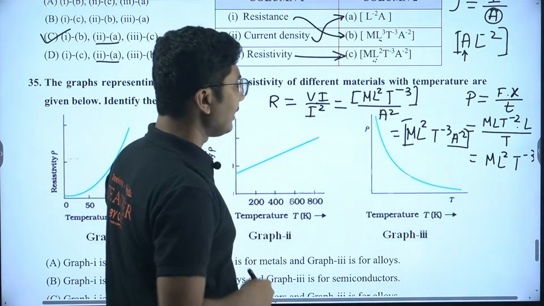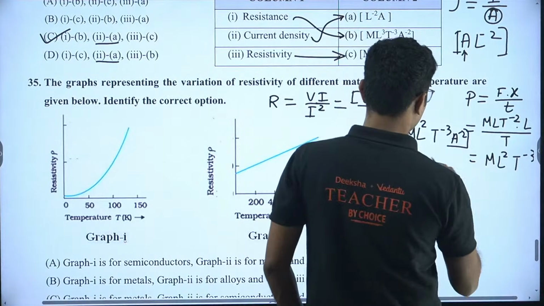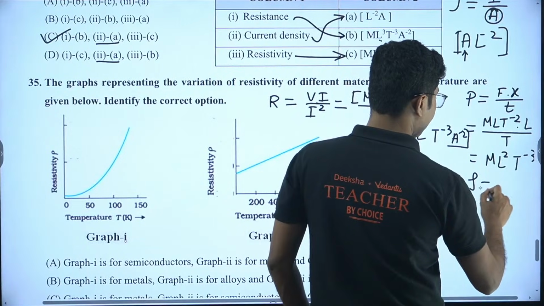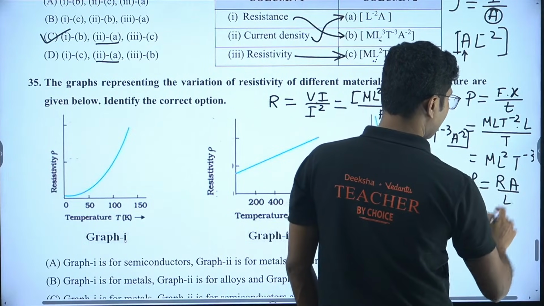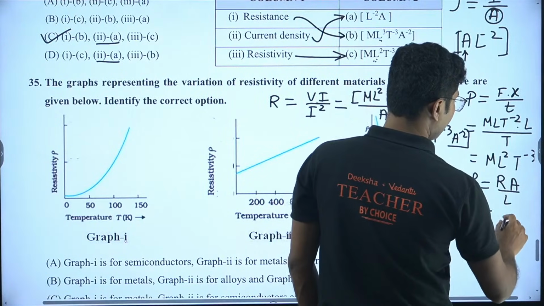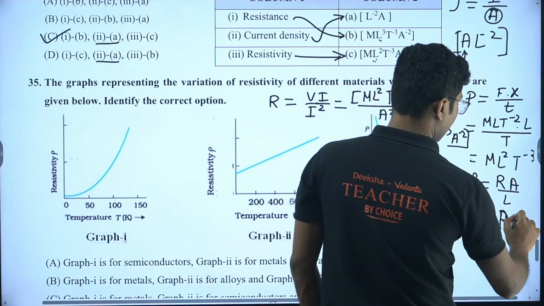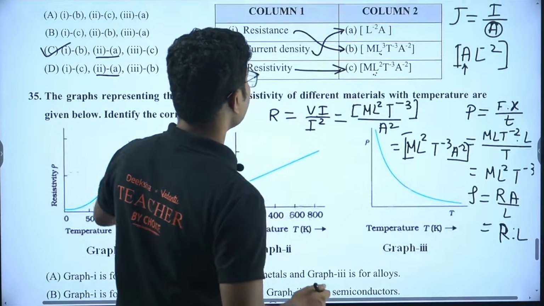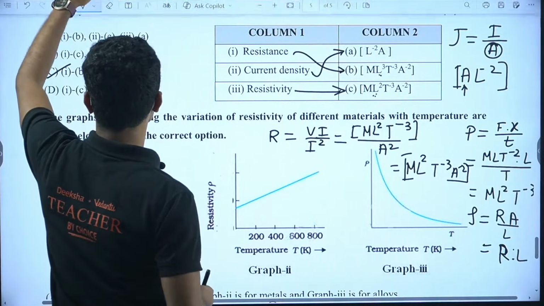And resistivity will be resistance into area divided by length. So that will be R into dimension of L. Sorry, I made a small mistake here.